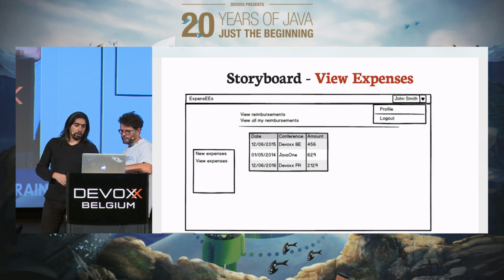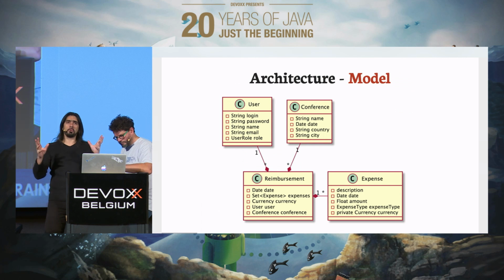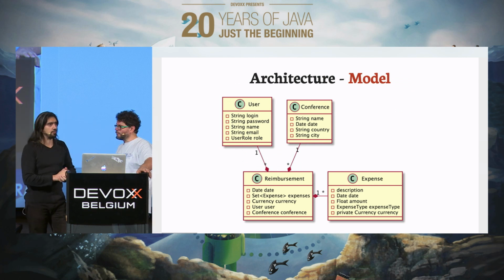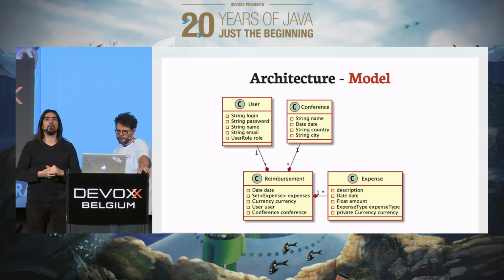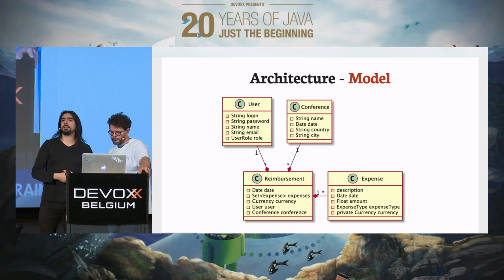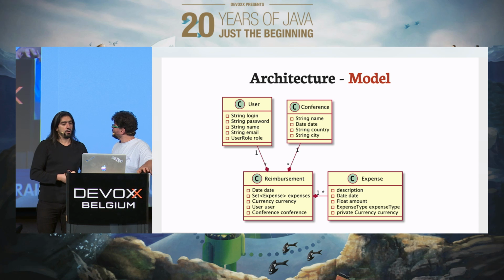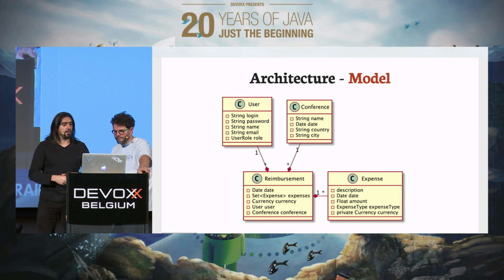So in terms of model, it's quite simple, because we don't want to do it too complex either. Not a hello world, but not too complex. So we will have JPA entities. So one for the users, my expenses, his expenses, so I'm a user. This user goes to one conference, Devoxx Belgium, Java One, Devoxx France.